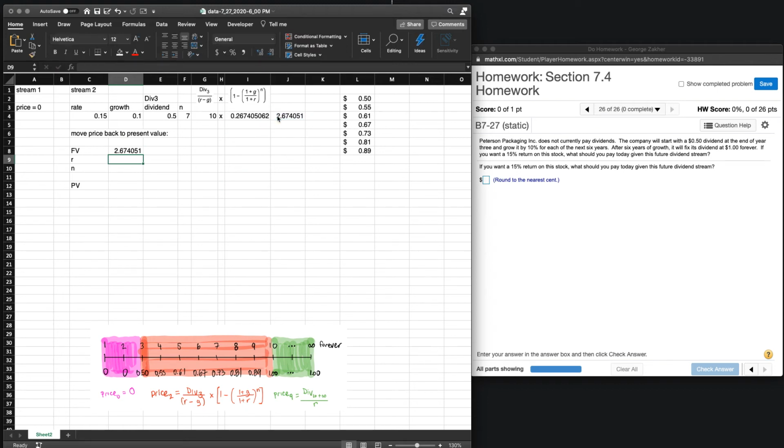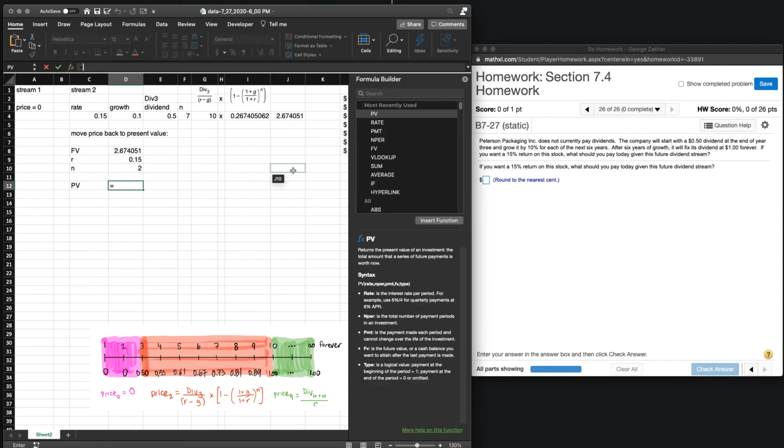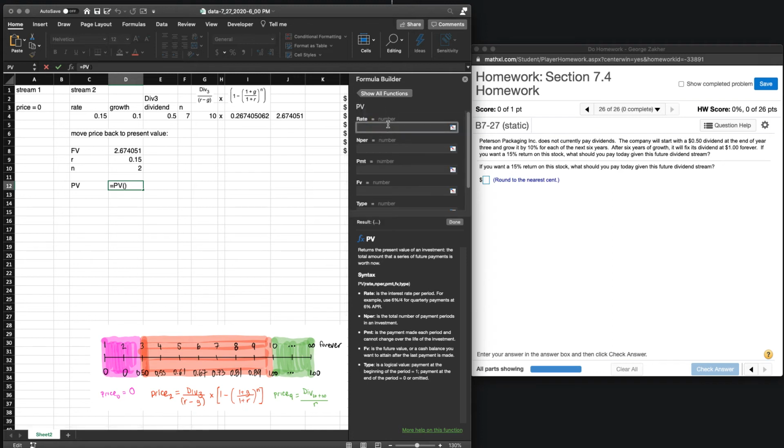Now the number of years, again, if we're here, we need to move back 2 periods. So it's 2 periods, and we can go ahead and use our present value function. I'm going to make this negative just so that we get a positive present value.